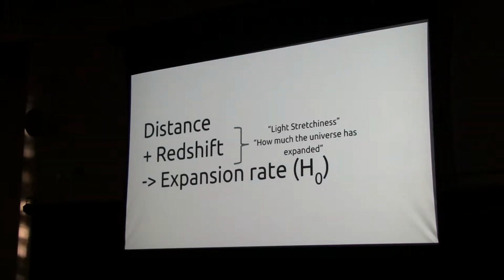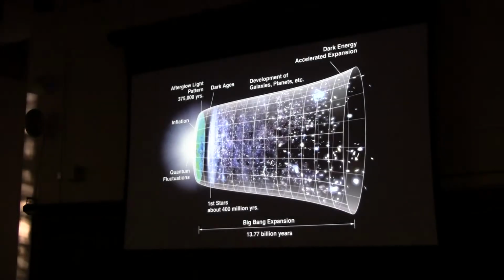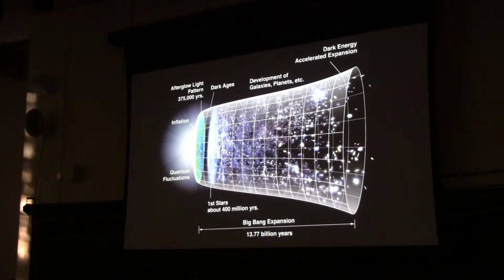So because the light gets stretched out, it looks redder. And so if you can measure an object and see how red its light has been stretched out, then you can get its redshift. And if you can also measure its distance, then you can connect the two and get the expansion rate.